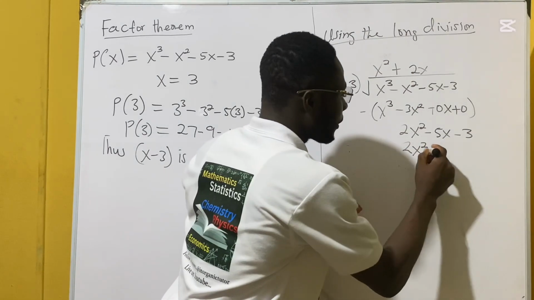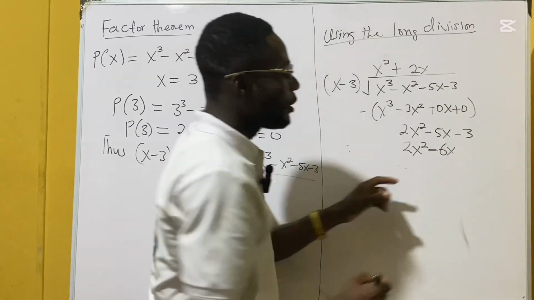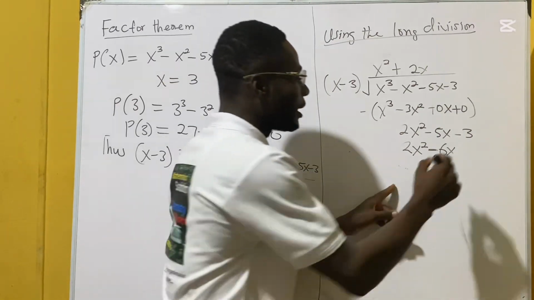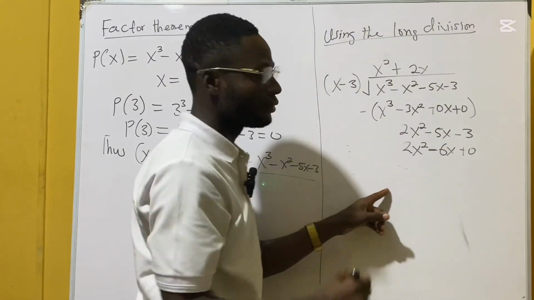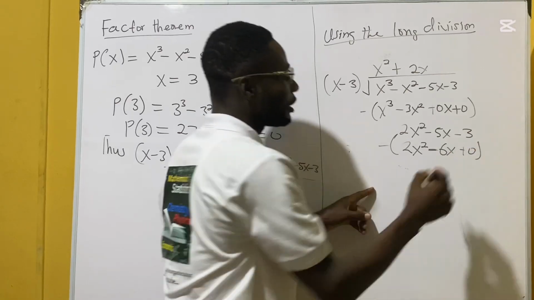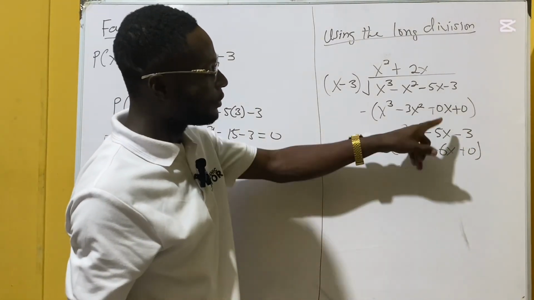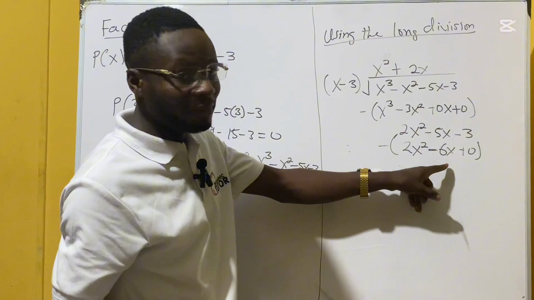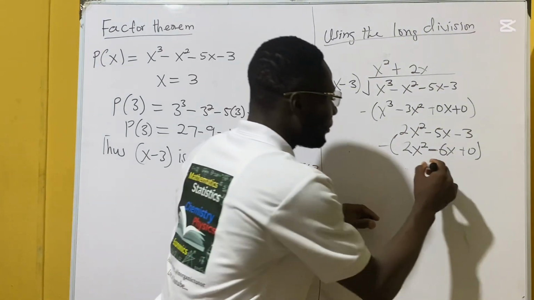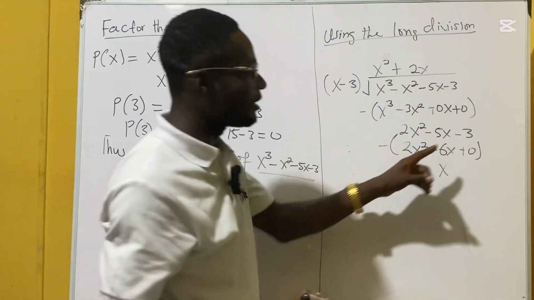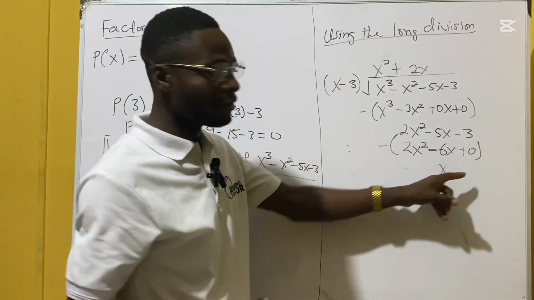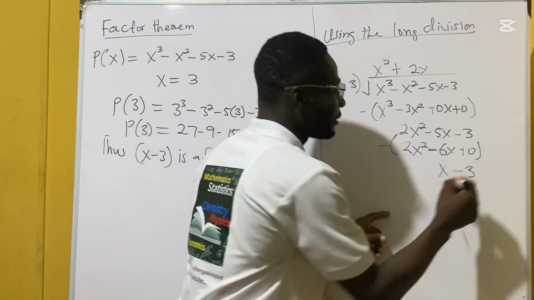We don't have any constant term, so plus 0. Doing a subtraction, minus 5x minus 6x becomes plus x. Then minus 3 minus 0 becomes minus 3.